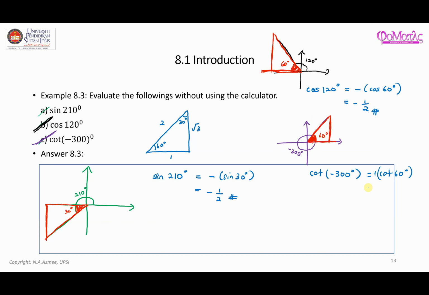Now cotangent of 60 degrees is equal to 1 over tangent of 60 degrees. Tangent of 60 degrees, according to this diagram here, is root 3 over 1, which is just root 3. So 1 over tangent 60 degrees is 1 over root 3, and therefore this is the answer that you are looking for.